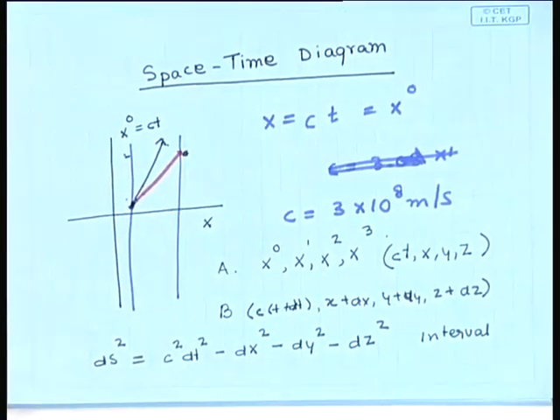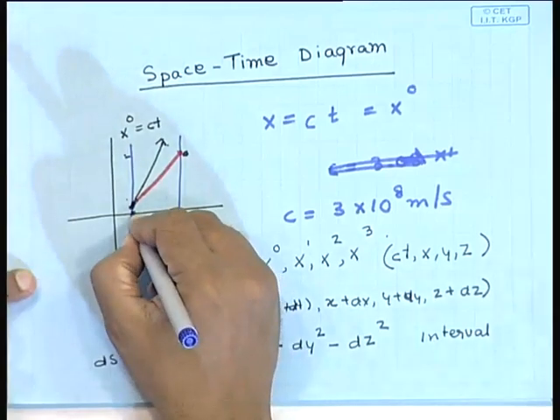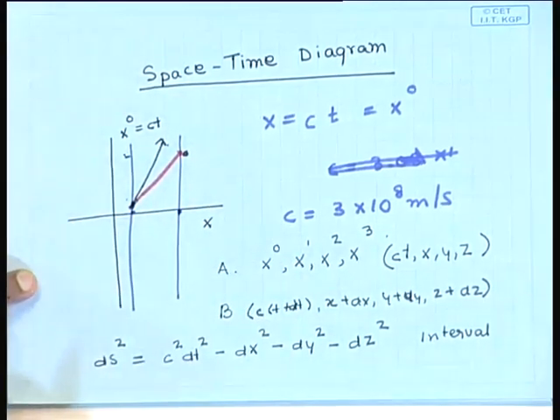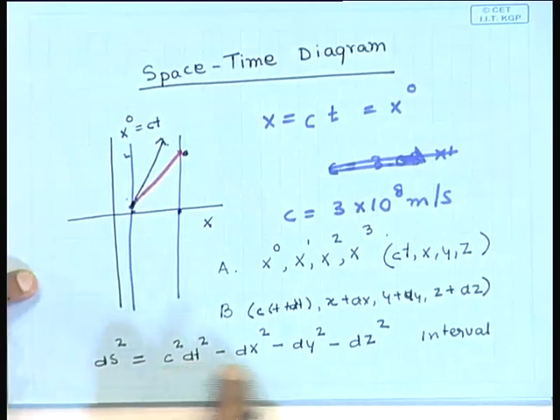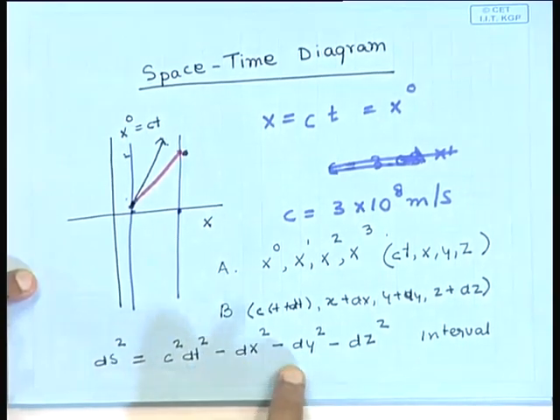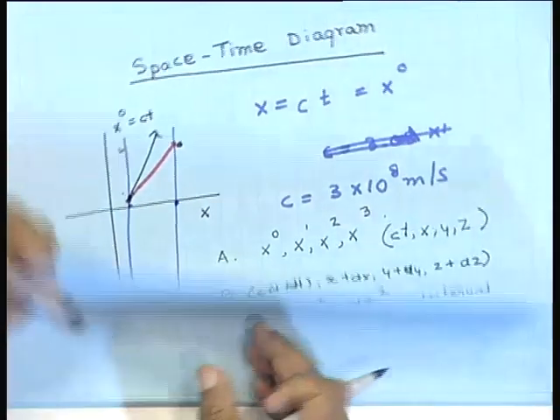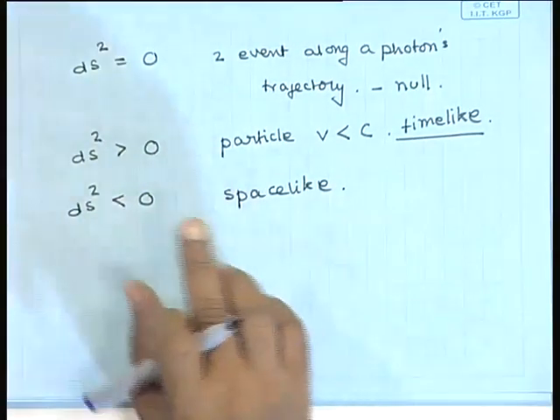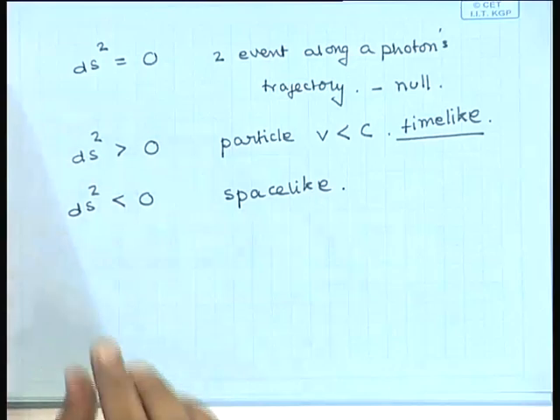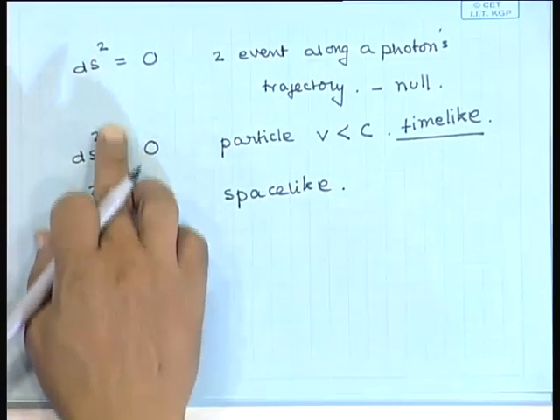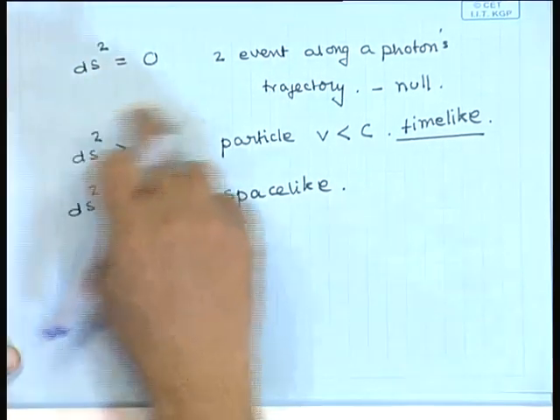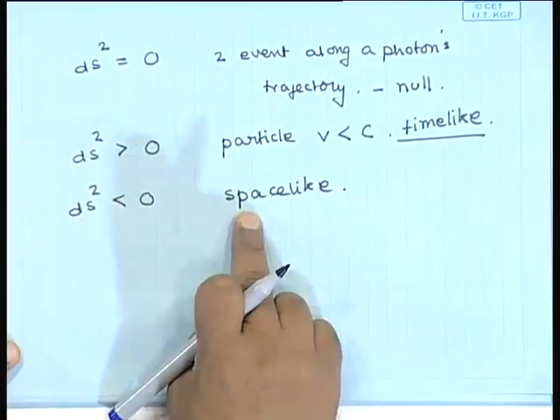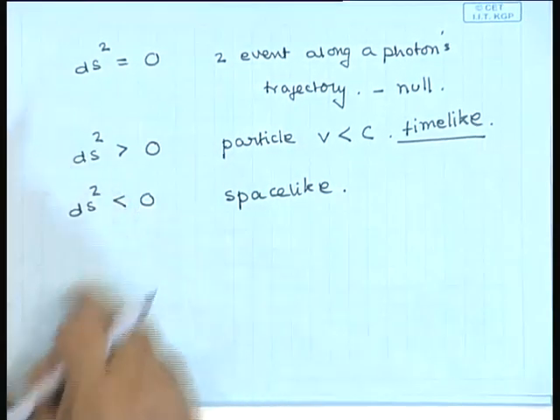So if I had two events, say one event here and one event here, for which the time is the same, there is only a change in x, y and z, these two events would be space-like. So the separation between 2 points can be classified based on their interval, and the intervals are said to be either null, time-like, or space-like based on the value of ds square.